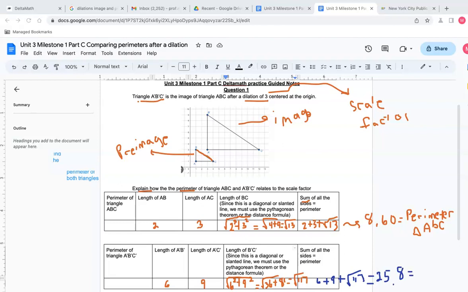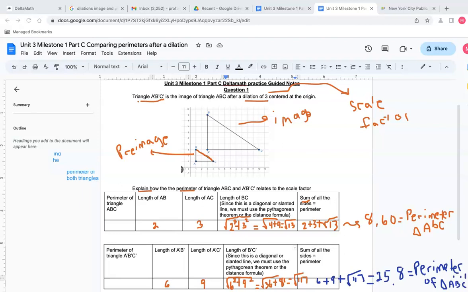So this is the perimeter of the image, of triangle A prime, B prime, C prime. So we're not done because we haven't made our concluding statement.